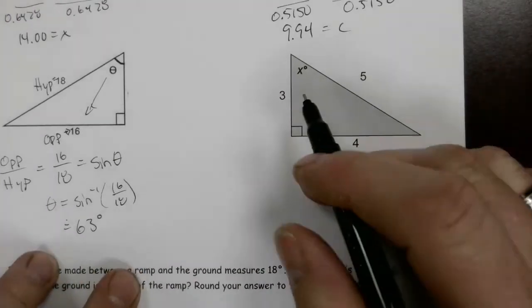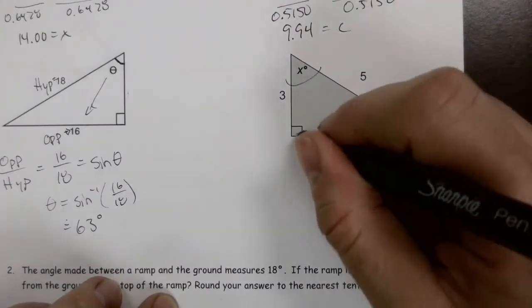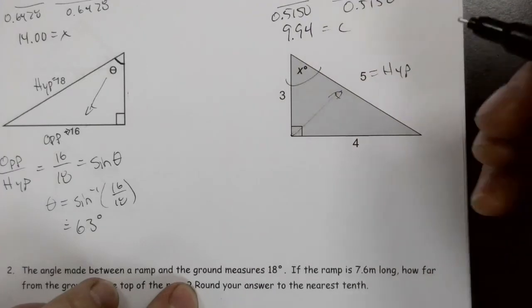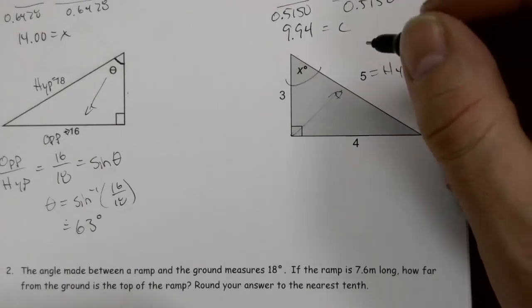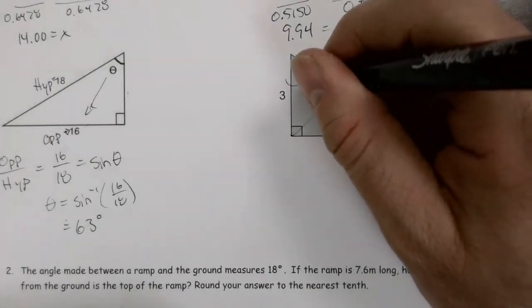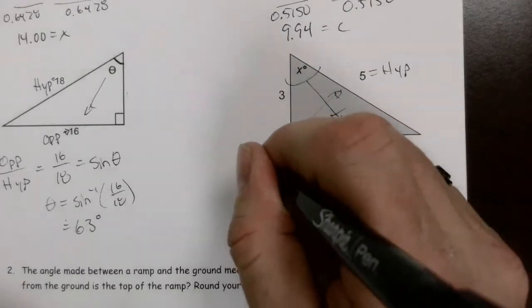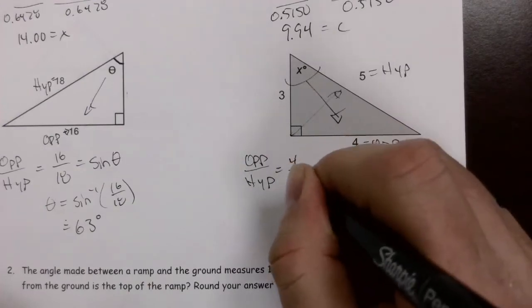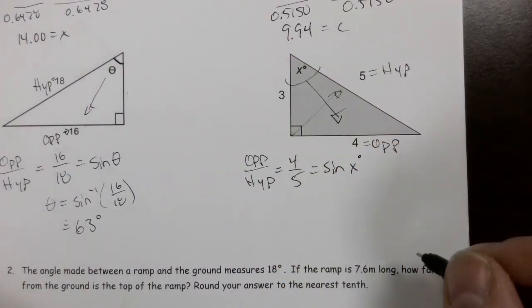Now here, this could get a little confusing. This is the angle that we're given. The 5 is going to be the hypotenuse because it's opposite the right angle. So that's easy to see. But I have to grab the side opposite the angle here, and that's going to be the 4. So this is going to be my opposite. So my opposite over the hypotenuse, that ratio right there, is going to be 4 over 5, and that will be the sine of x.